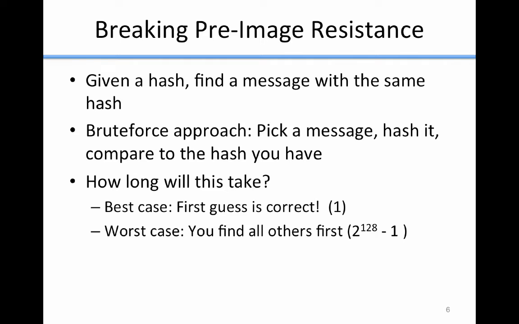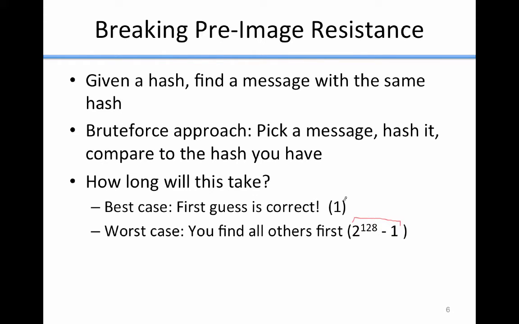I found everybody else first before I found yours. In that case, if this is a 128-bit hash, I found 2 to the 128 minus 1 other messages before I found one that broke the hash. That would be my worst case. That's a big number. That would take a really, really long time.